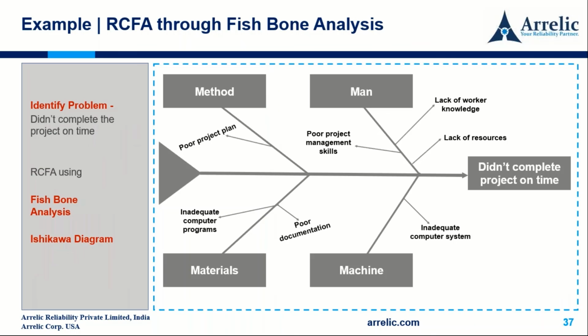Now, briefly, we talk about the fishbone analysis. Why is it called fishbone? Because look at it, it looks like a fish with many bones, a skeleton of a fish, and you look at the method, the person, material, and machine, and whenever something crops up in the discussion, you project it showing it as another bone.